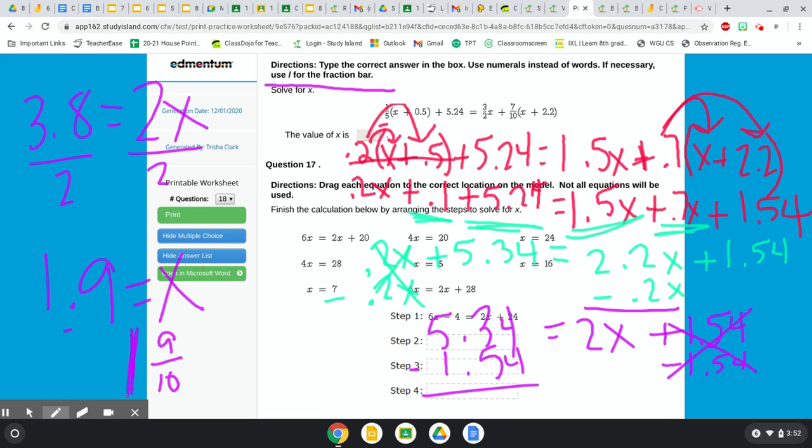You're going to have to convert that into an improper fraction. So I always think of 1 whole as really 10/10. If I combine those, that's going to give me a total of 19/10. So this is what I'd have to type into that box there. It would be 19/10.